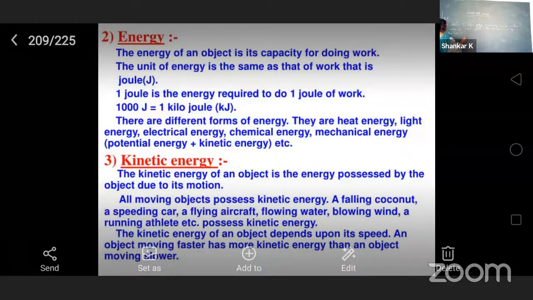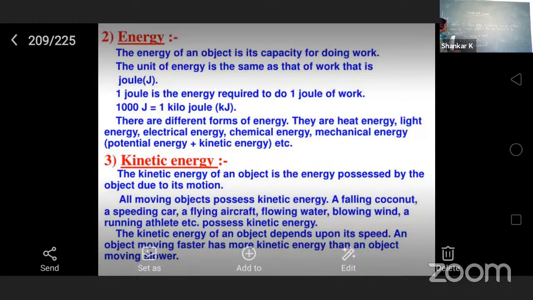You can write here m is equal to 15 kg and v is equal to 4 meters per second. Then the kinetic energy formula is K is equal to half m v square. So half into 15 into 4 meters per second whole square.